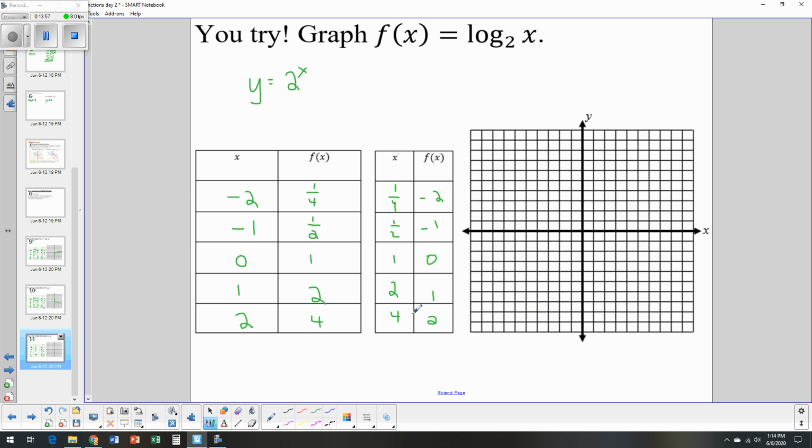All right, so these should have been your tables of values. And then if we graph the points we have, it looks something like this. All right, and that's it for section 6.3.